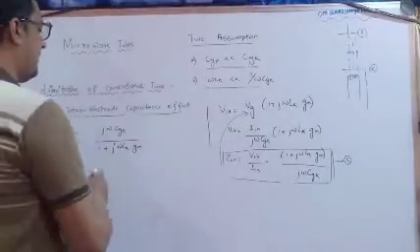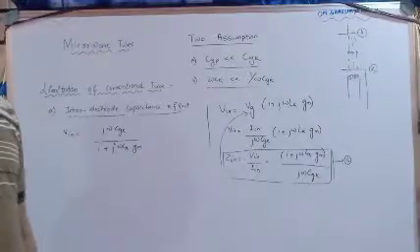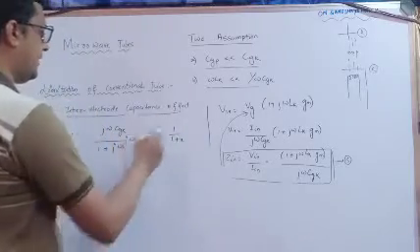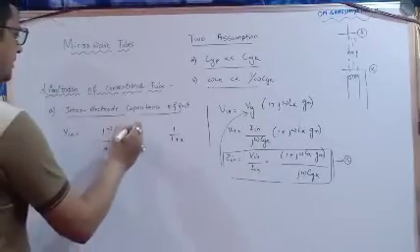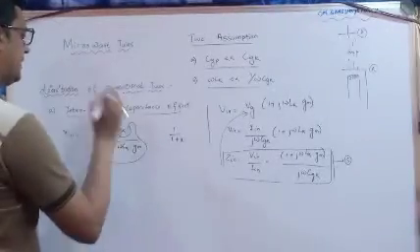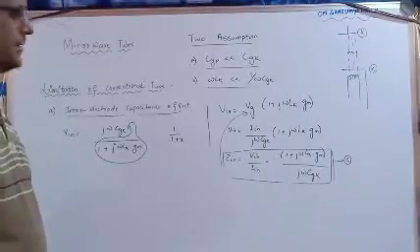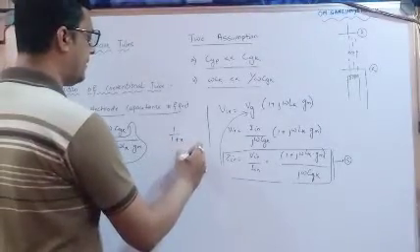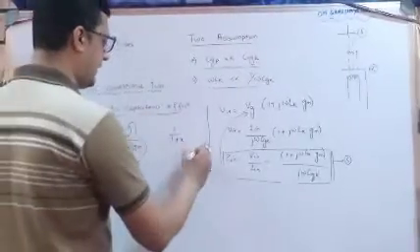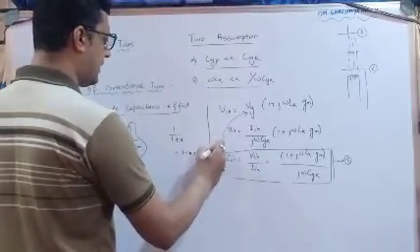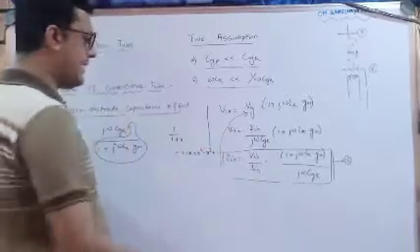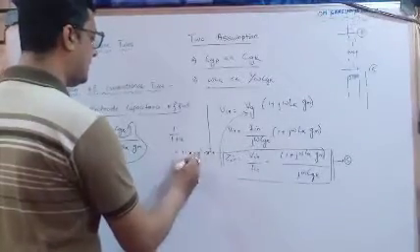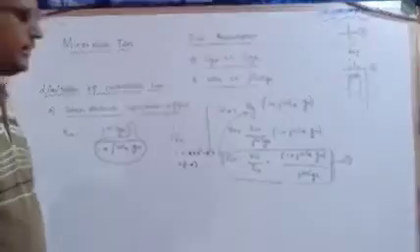Now this input admittance I can write in terms of 1 by 1 plus x. Let us consider this one. I am only considering this particular part, 1 by 1 plus x. If you expand it with the help of binomial expansion, we get 1 minus x plus x square minus x cube plus dot dot dot. Neglecting the higher components, and x is less than 1, we will get 1 minus x. Same thing I am going to substitute here.